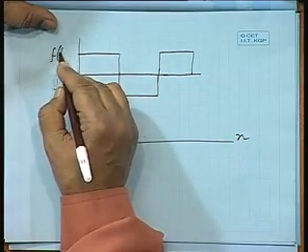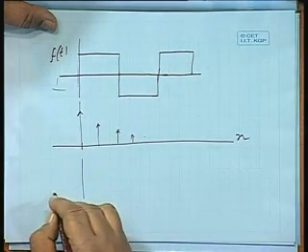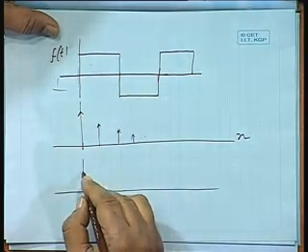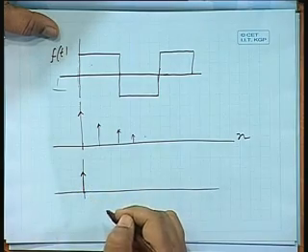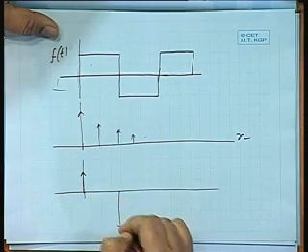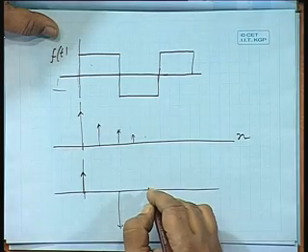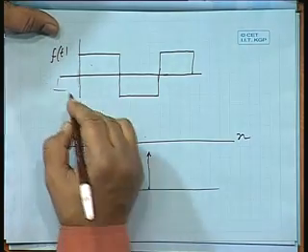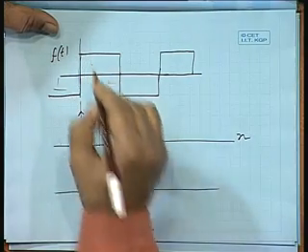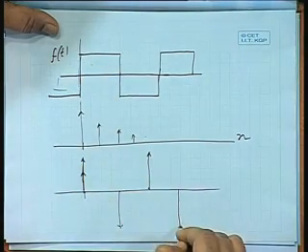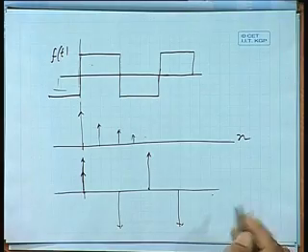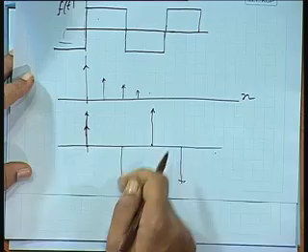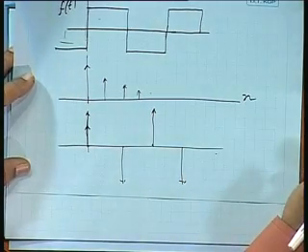Suppose these are the coefficients, and so on. Then what is the derivative of f t? The derivative of f t will be a delta function here, a delta function there and so on. Actually it is coming from this point to this point, so they will be of the same magnitude.